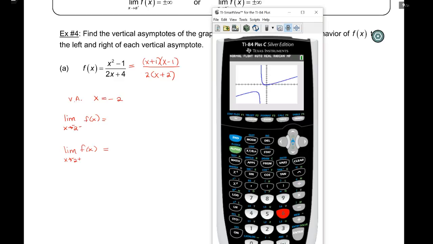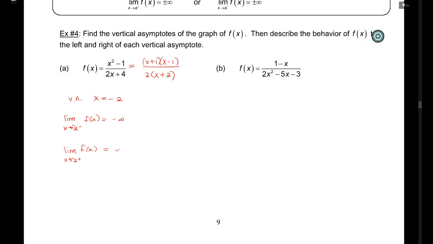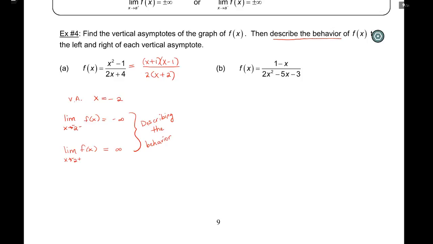So from the left, negative infinity, from the right, positive? Yes. Whenever it says describe the behavior, that's what we're looking for here. Vertical asymptote. I abbreviate whenever possible.